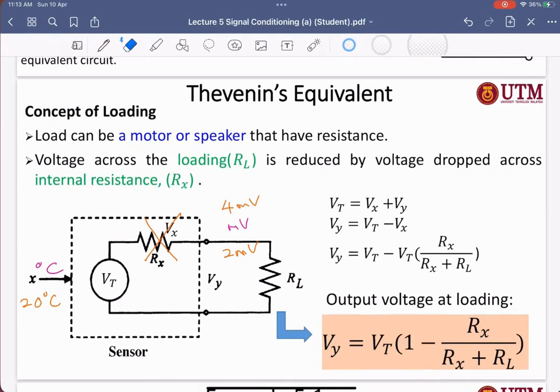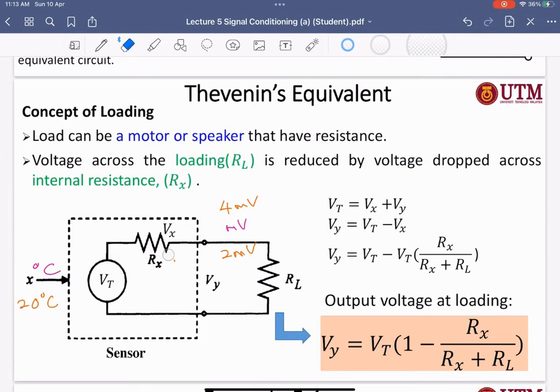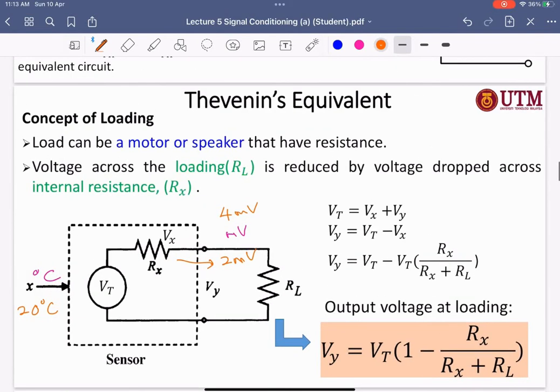So this is the RX, and that's why your voltage may drop to 2 millivolts. So this is the concept of the internal circuit.